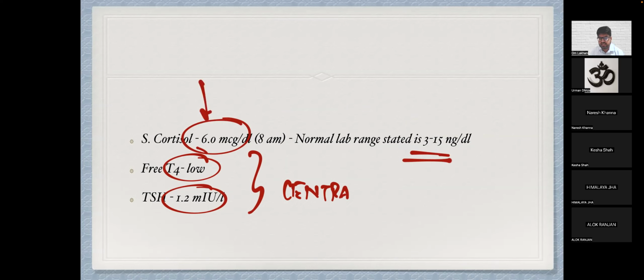Well, what you have to understand is a very important concept: whenever you are assessing the patient's cortisol, or in fact any endocrine system, you need to see it in the clinical context. If you remember, this patient came to the emergency with hyponatremia, altered status, and fever.